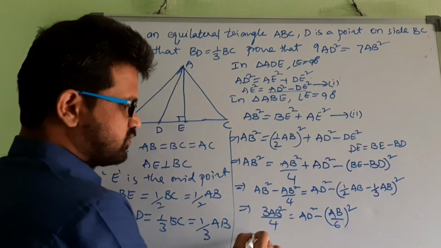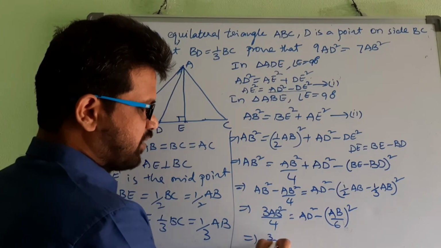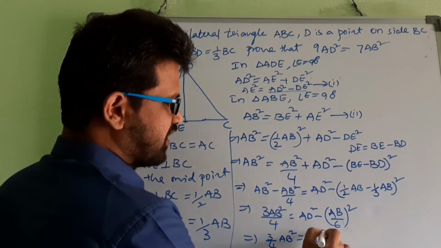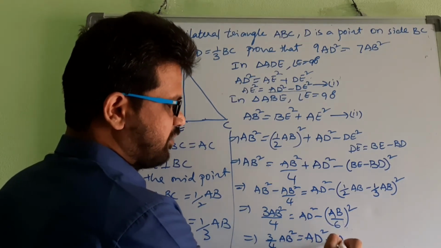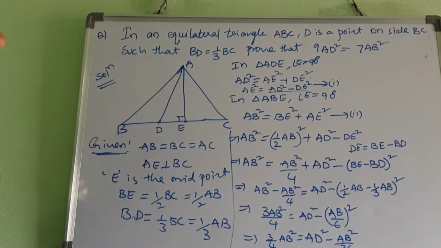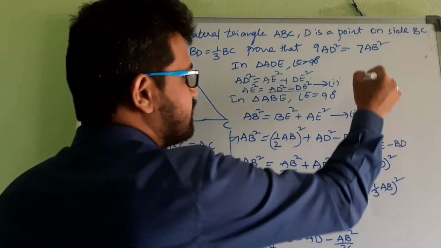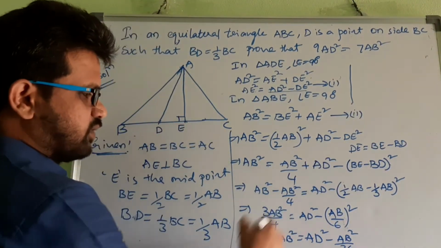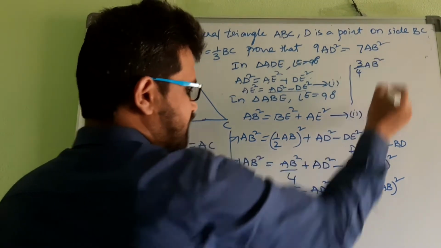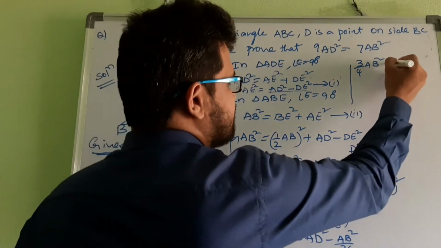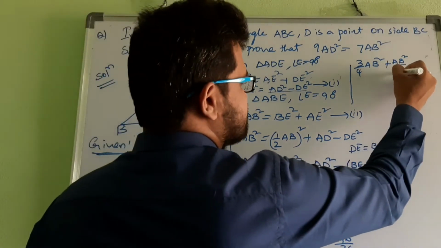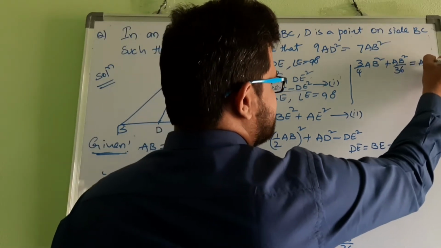So 3 by 4 AB square is equal to AD square minus AB square by 36. Transposing this here, 3 by 4 AB square plus AB square by 36 is equal to AD square.